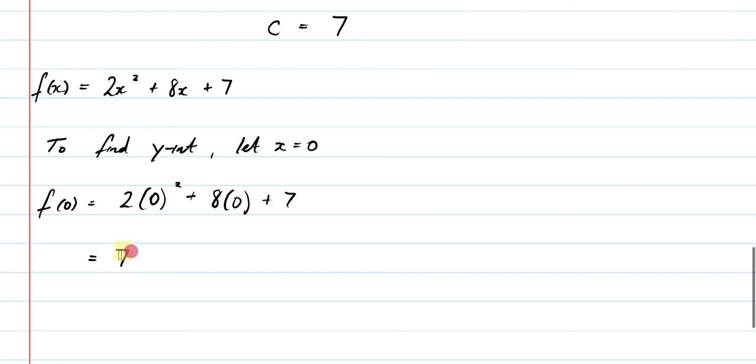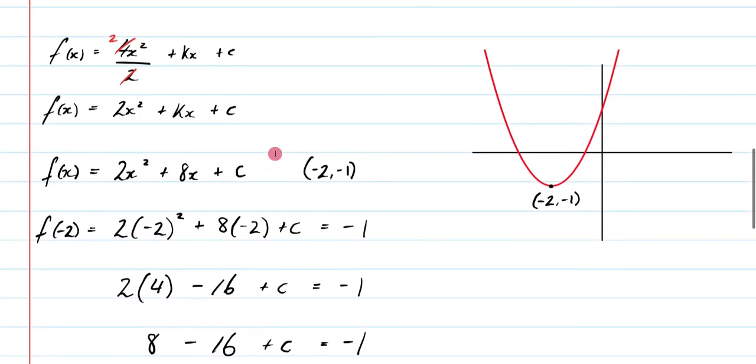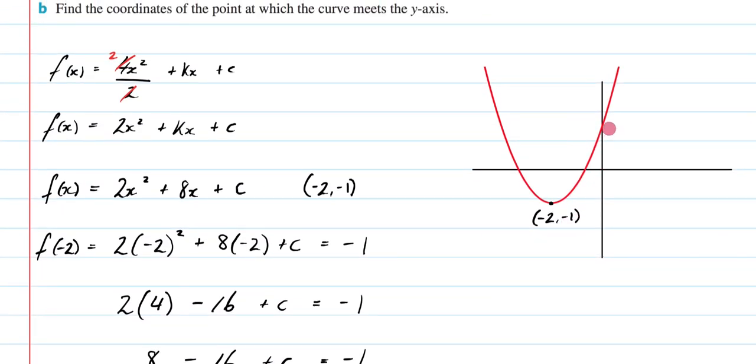So 7 is the y-intercept. And we should know that because it's just the last number on the end. We often say that c at the end is the y-intercept. So we really didn't have to go through this last step, but I just wanted to show you what was going on there. So if we were to come up here, this point right here would be 0, 7.